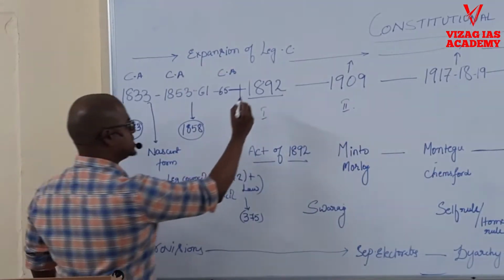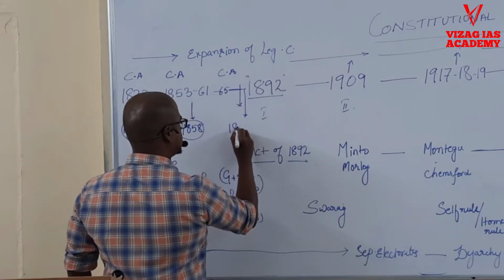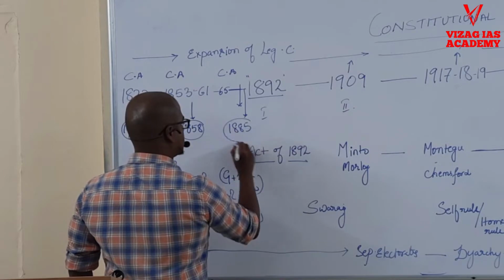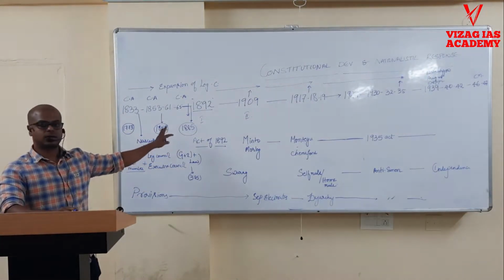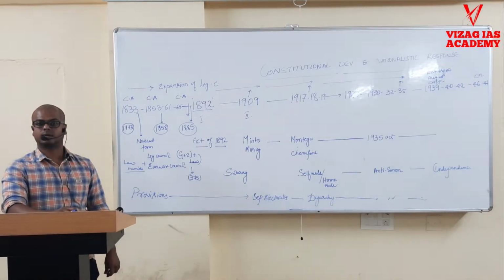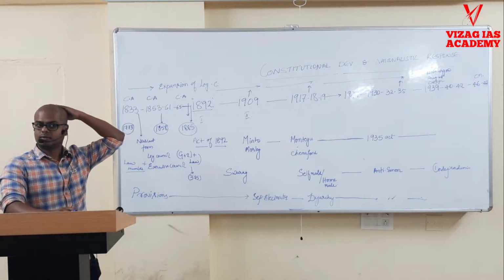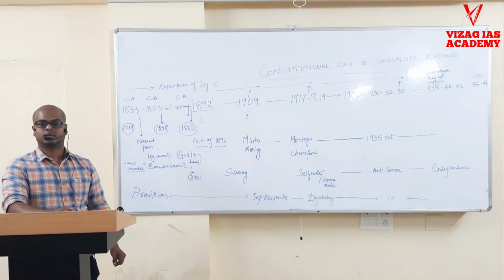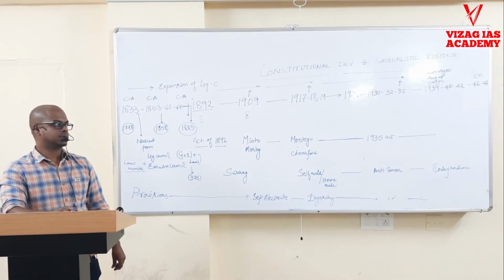From here onwards, because in 1885 we have the formation of the Indian National Congress and the moderate phase starts. What is the chief demand of the moderates, or the chief means of the moderates? Constitutional means.